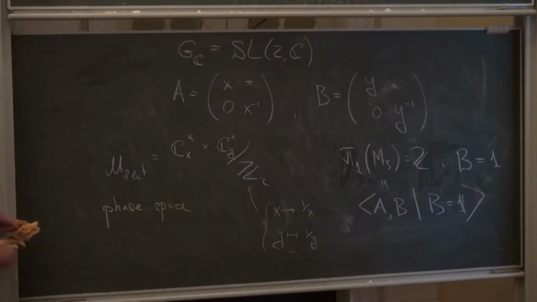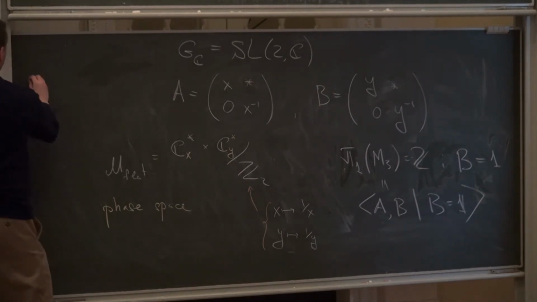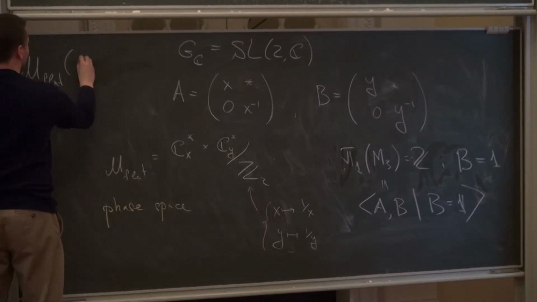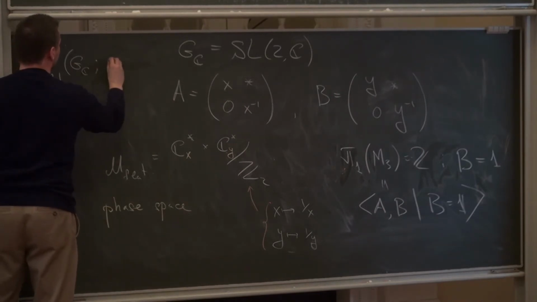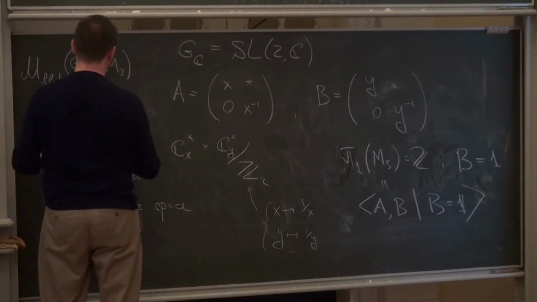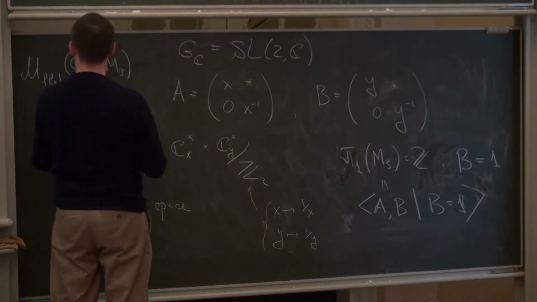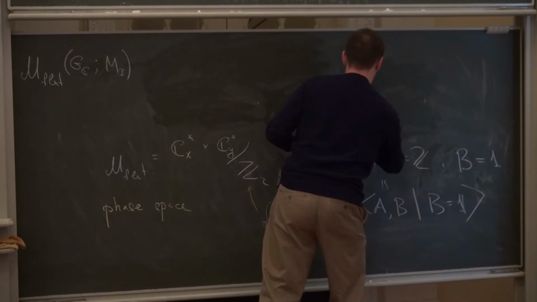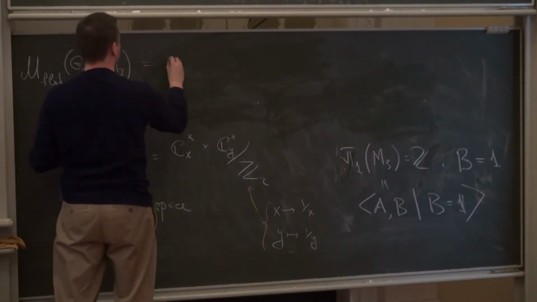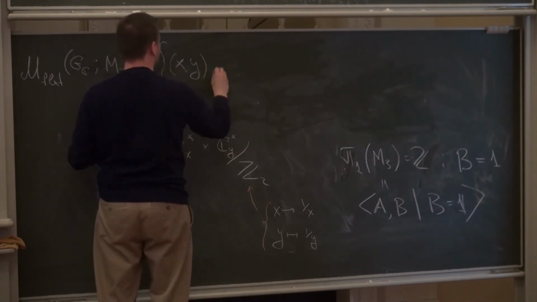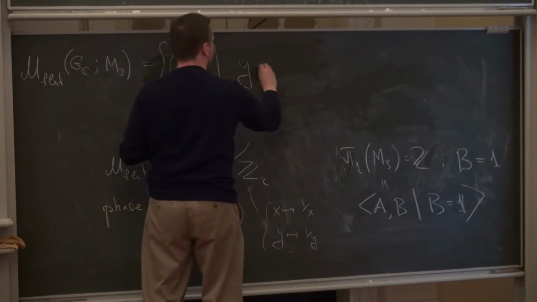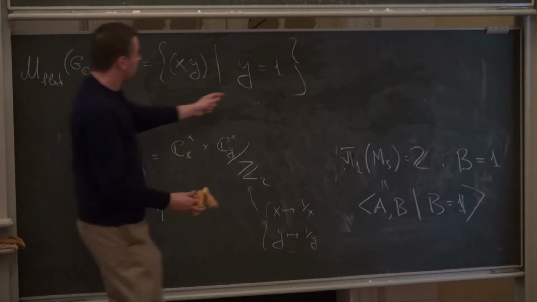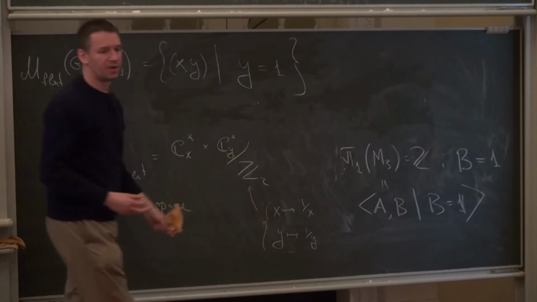Therefore, your space of flat connections, or homomorphisms from the fundamental group of a 3-manifold into SL2C, is just a single copy. I'm going to erase this to free up some space. It's the set of points x and y with an additional relation that y is equal to 1. And this relation arises precisely because the longitude becomes contractible in the 3-manifold.